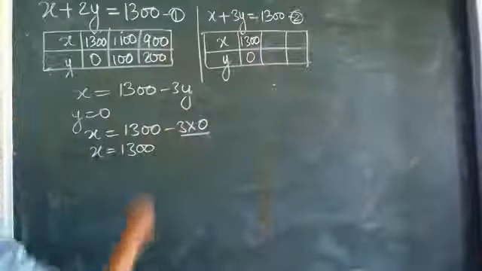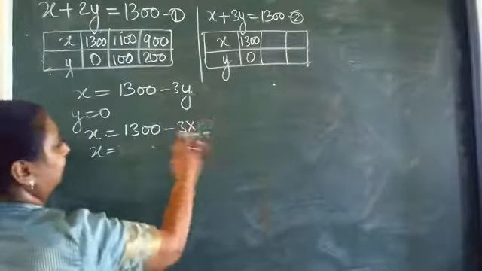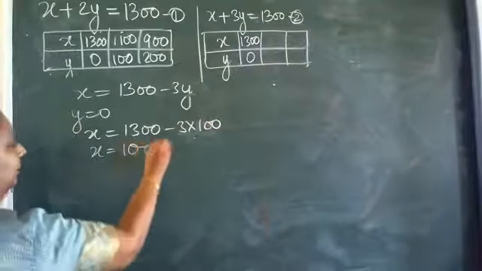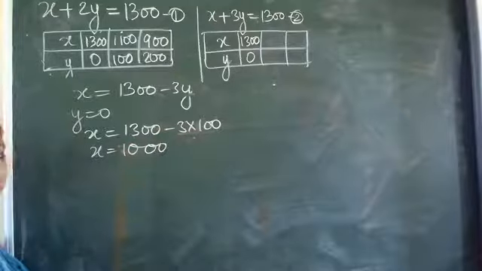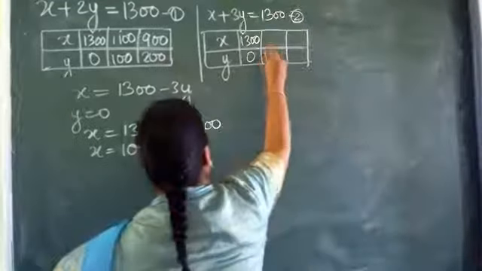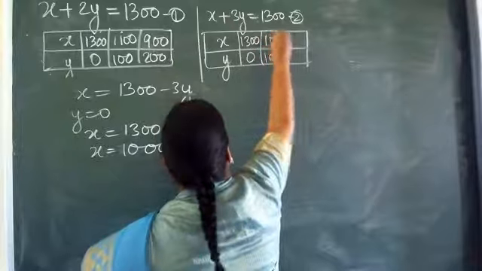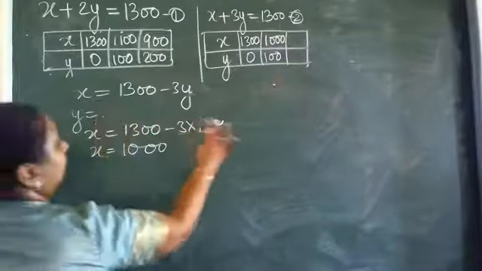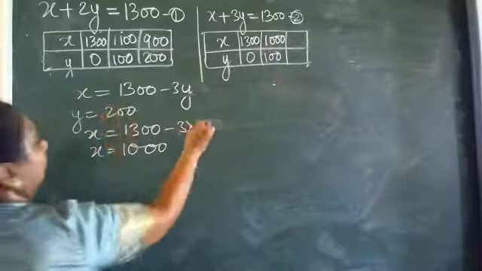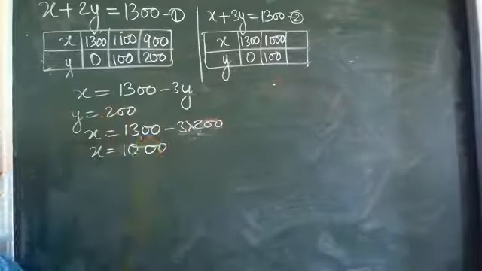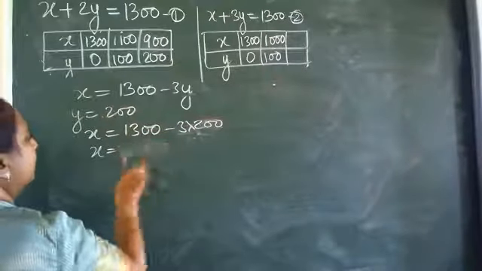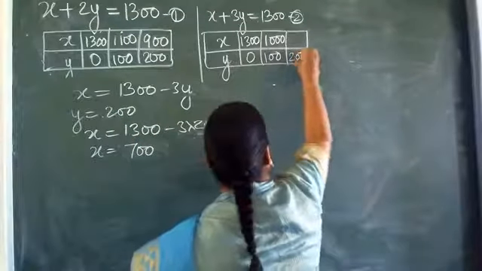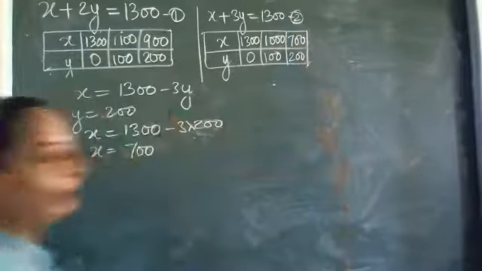Now if I put 100, 3 times 100 is 300, and 1,300 minus 300 is 1,000. Now if I put 200, 3 times 200 is 600, so 1,300 minus 600 is 700. Now these 3 points we can find from the equations.